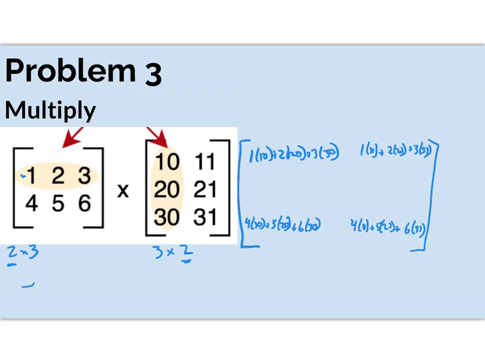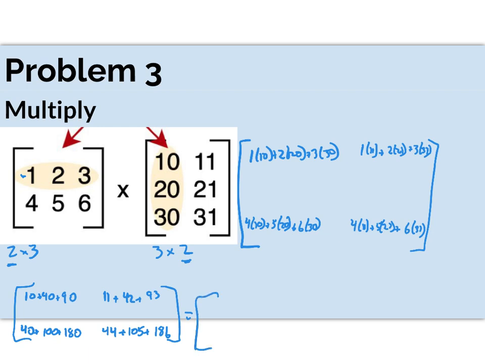All right, and bringing it down. 1 times 10 is 10, plus 40 plus 90, gives us 11 plus 42 plus 93. 40 plus 100 plus 180, and then 44 plus 5 times 21 is 105, plus 6 times 31 is 186, and adding those numbers up.